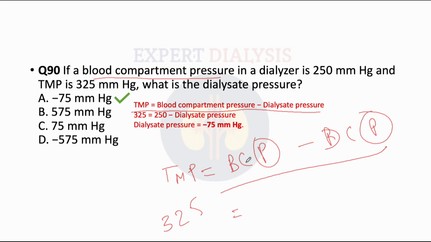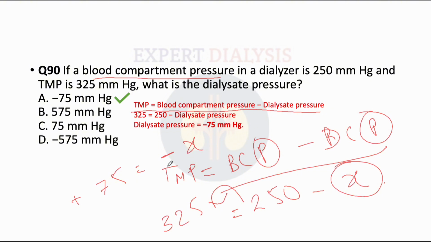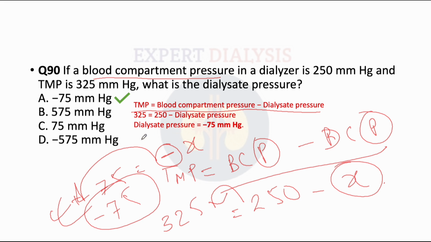So we put the value here, 250 minus, let's say, X. We have to subtract, so what we get is 75, but this is positive, while here we have negative X. So the negative sign goes here. It will be minus 75, and this will be our answer. So that's how it is done.